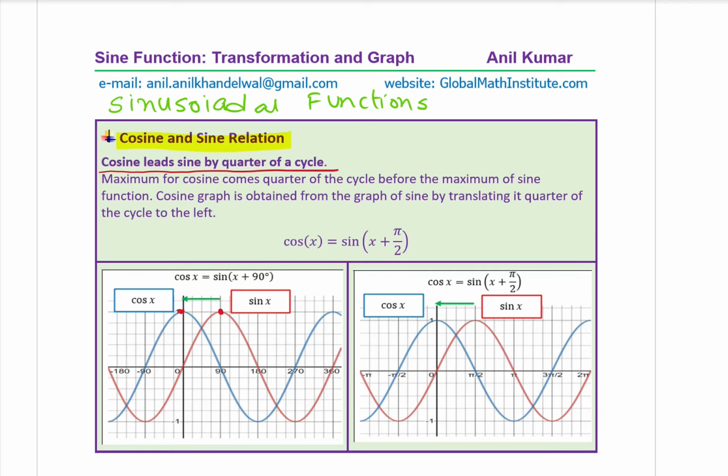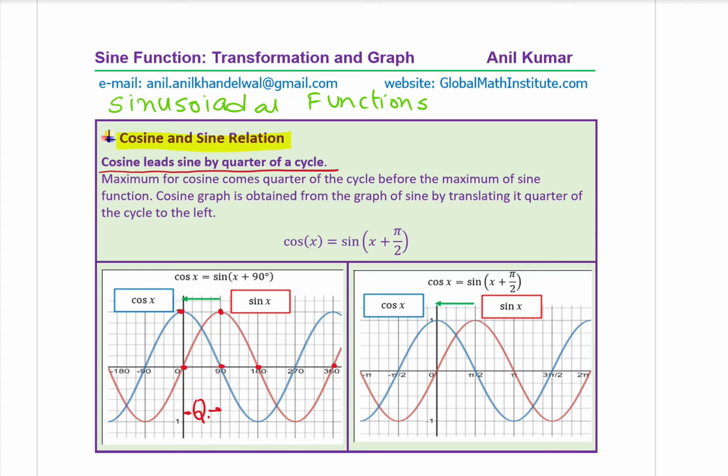Perfect. One full cycle here is from 0 to 360. That is the half of the cycle, and this is quarter of the cycle, correct? So that is the quarter of the cycle. You get the idea, right? Quarter cycle.